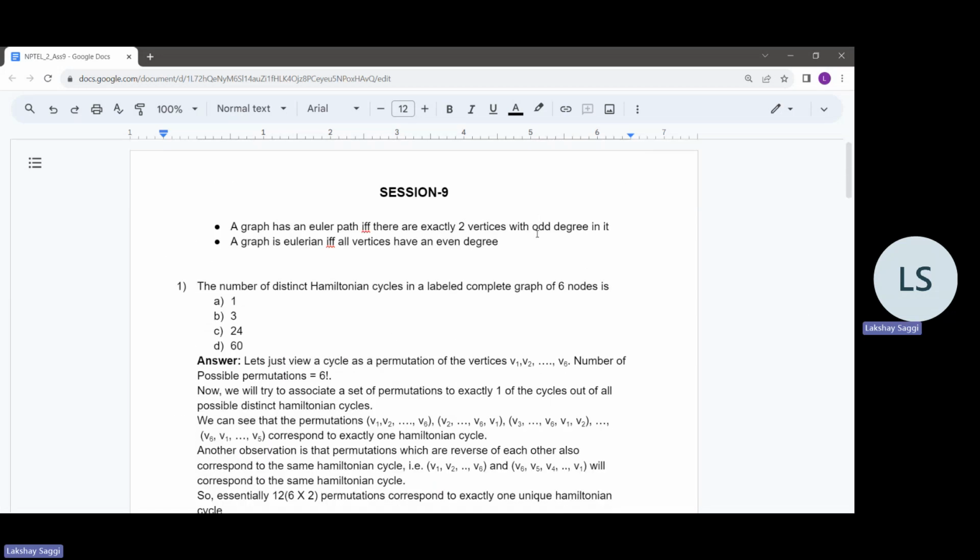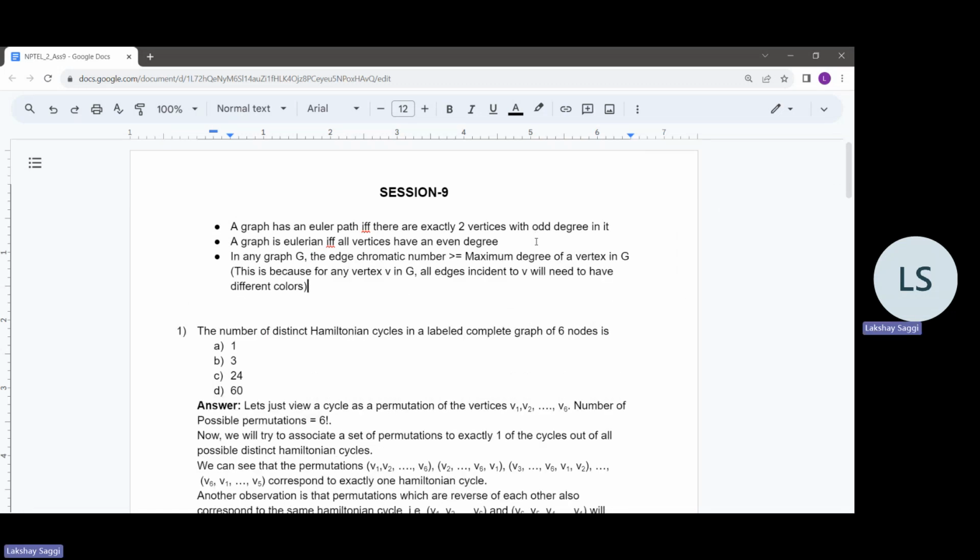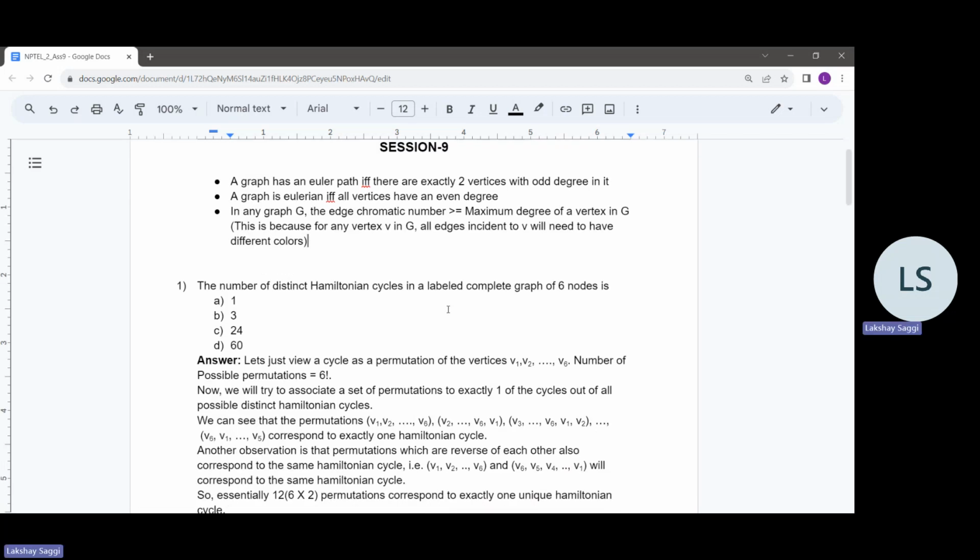So I should have this in preliminaries instead. In any graph G, the edge chromatic number is greater than or equal to the maximum degree of a vertex in G. This is a preliminary and a very important property used in computer science. So just keep this in mind.